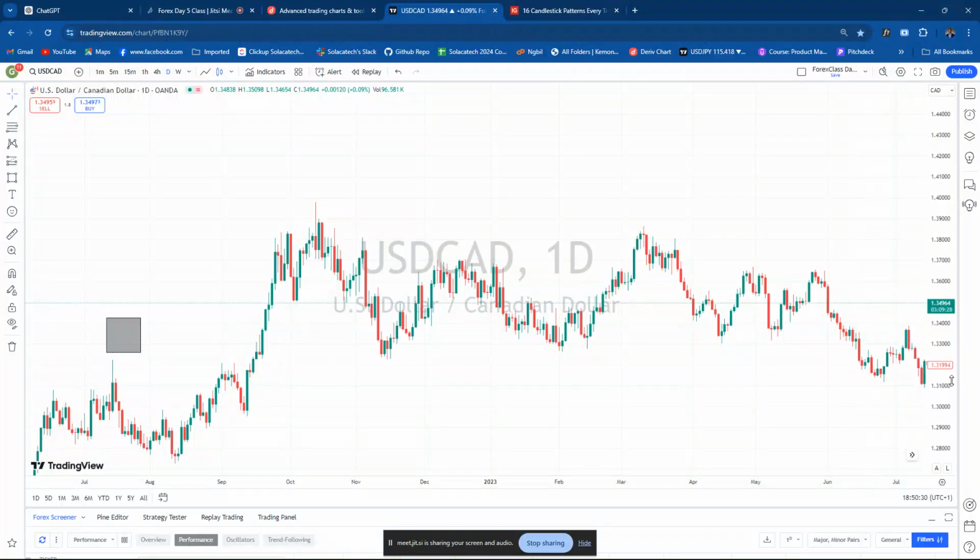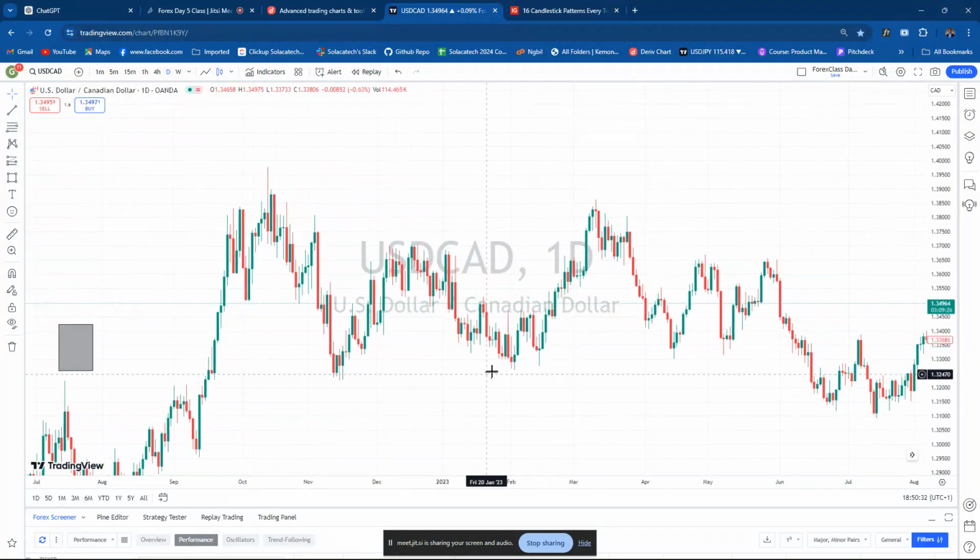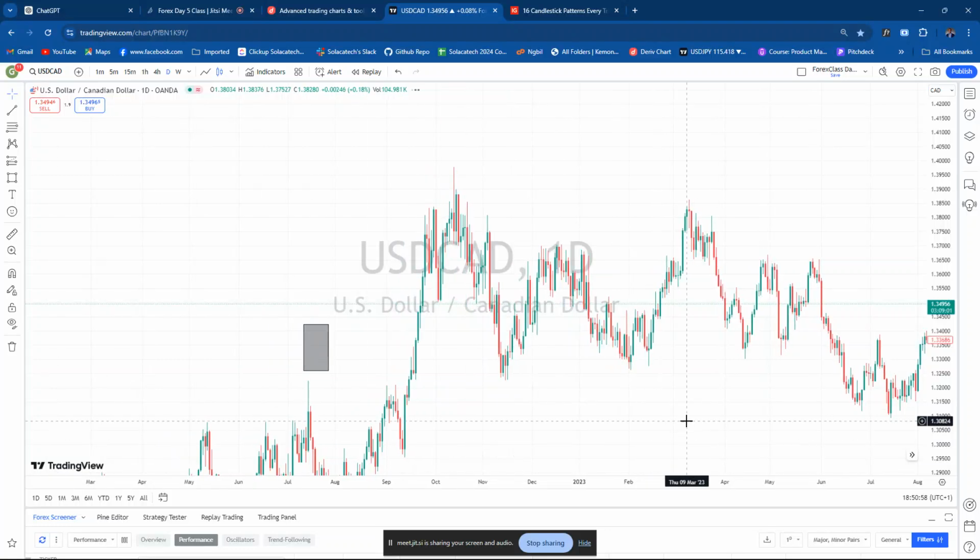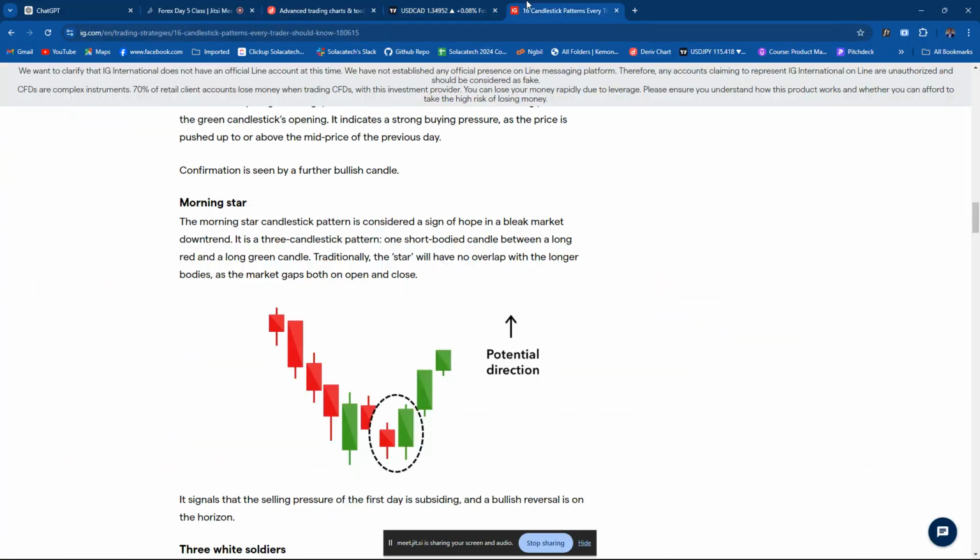So this guy has been formed. This is the morning star. Now it is followed by a bullish candle that trades above it. The next following candle must trade above it and close above it too. So when it does this, this candle automatically is a morning star. It shows a change of direction in the market.